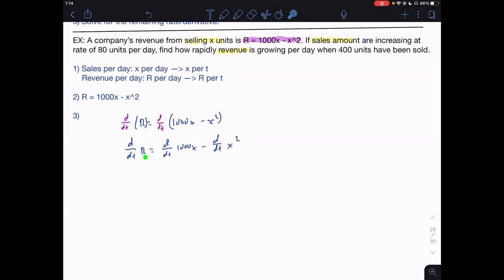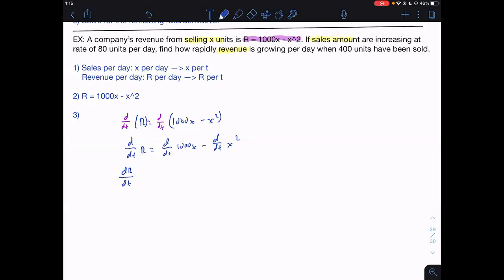So here we have our R variable. In this case, we're taking the derivative of R with respect to t. So that would be our differential on the left-hand side, dR over dt. And what's the derivative of a variable to the first power? Just 1 in this case. The derivative of R is just 1. Equal to, for this next term, we're taking the derivative of the X term.